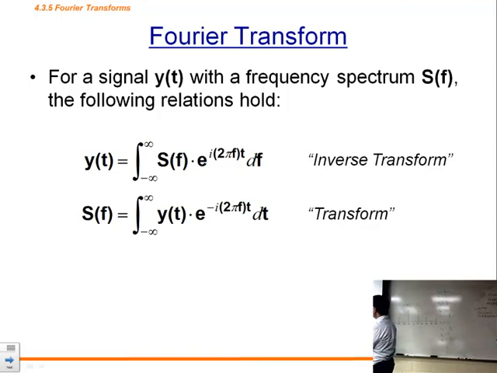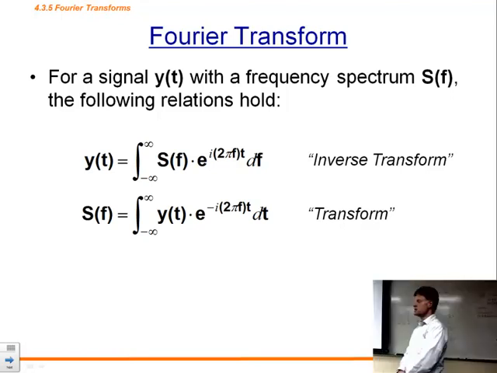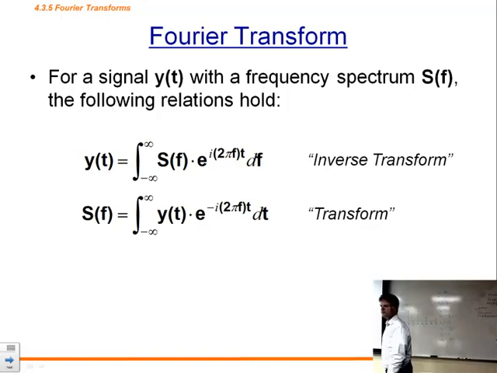So we're integrating df times some strength of a contribution, and we're integrating all this from minus infinity to plus infinity. So all possible frequencies might be contributing at this point. This is called the inverse Fourier transform, this formula right here. So if you know what each frequency strength is, that's S of f, that's the frequency domain plot. Using this integral allows you to recover the actual waveform, the actual function.